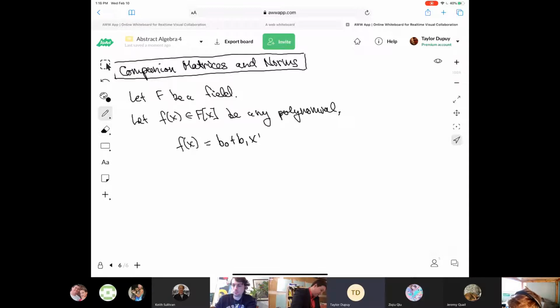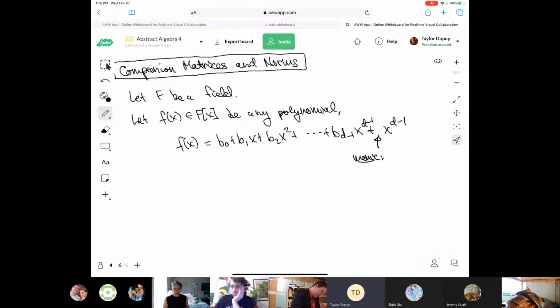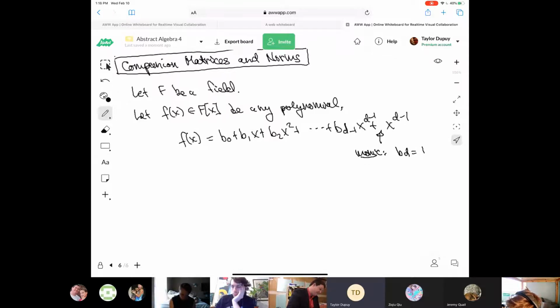So f of x is B0 plus B1 x plus B2 x squared plus ... plus B(d-1) x to the d minus 1 plus B_d x^d, and let's suppose that it's monic. This is what's called a monic polynomial because B_d is equal to 1, and d is the degree of the polynomial.